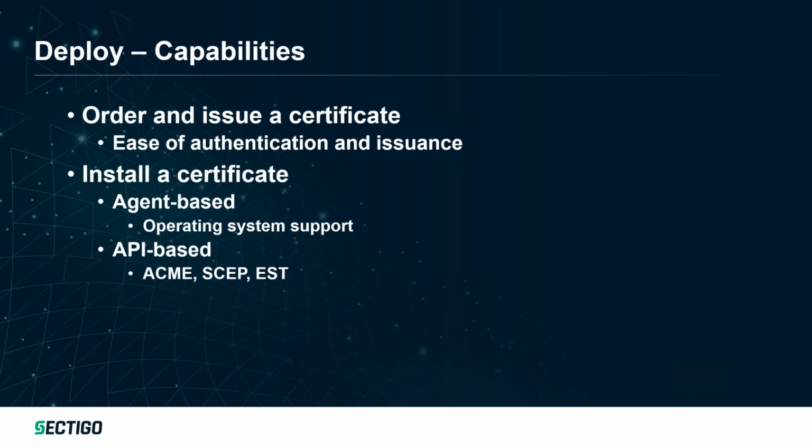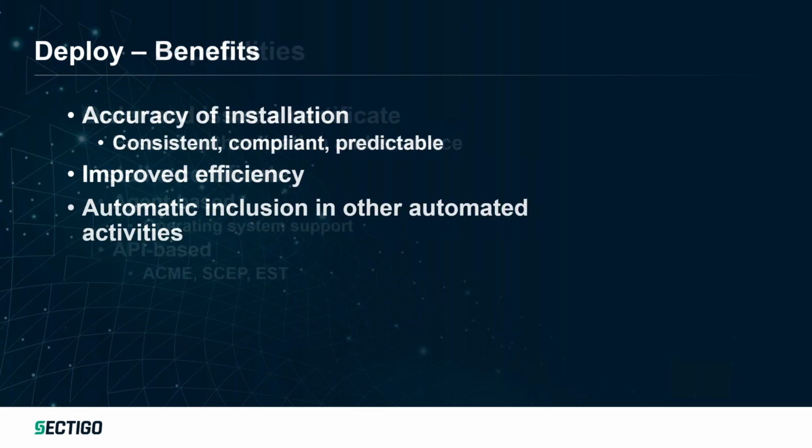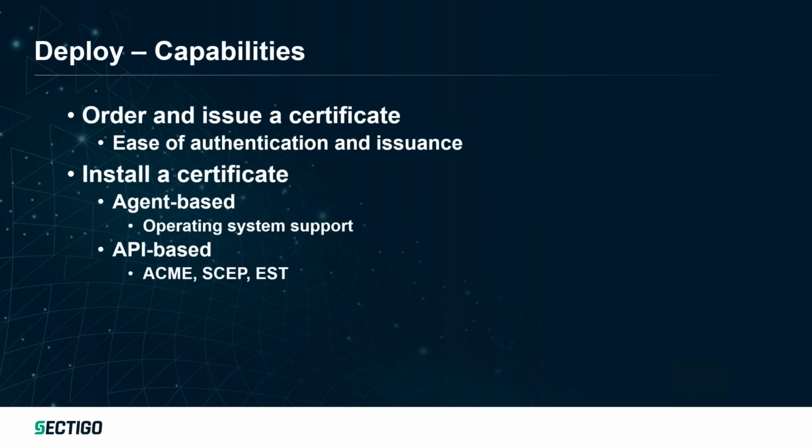The other way is API based. You use something like ACME, which ties into a lot of different platforms. I can use ACME and it connects directly to my platforms, and it can do that there as well. Some might argue that ACME, SCEP, and EST are actually types of agents.